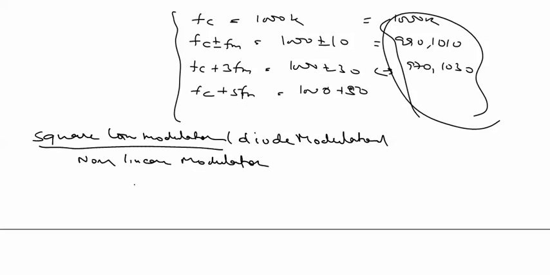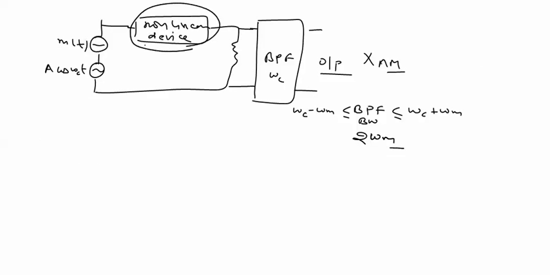In this modulator, we draw the diagram. Instead of using a switching device here, we use a non-linear device. It may be a diode, a transistor, or any non-linear device which provides first-degree nonlinearity, and again the same type of band pass filter having a bandwidth of at least twice omega m.